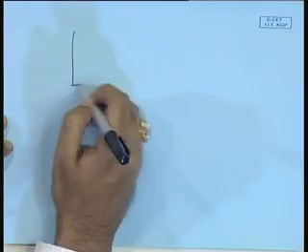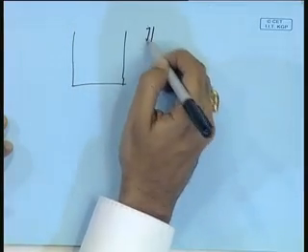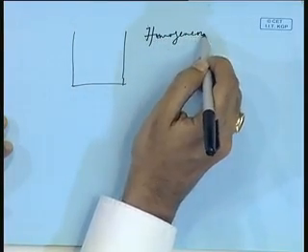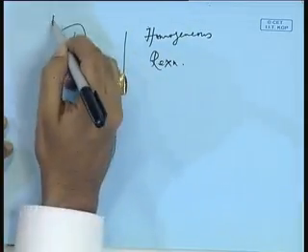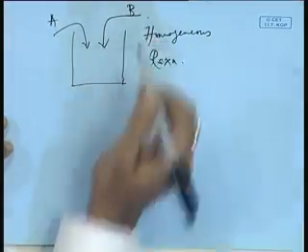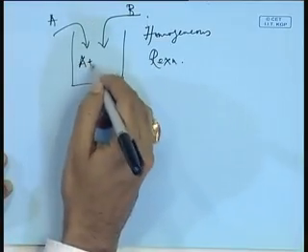When you're talking of reaction models, reactor models, what other kinds of reactions are possible? Number 1 is homogeneous reaction. So you have the A and the B going in, and reaction is occurring.